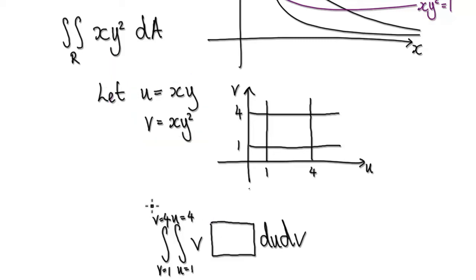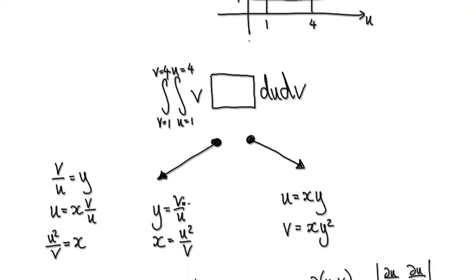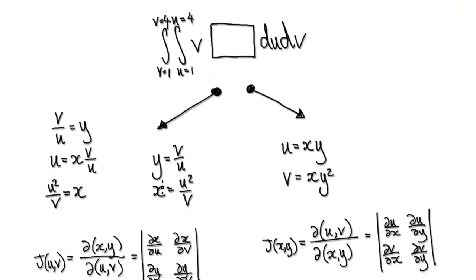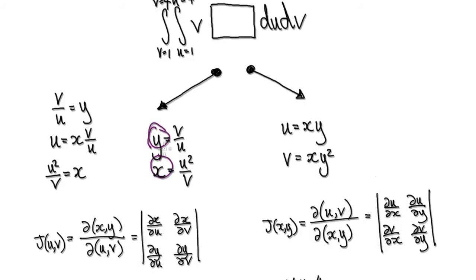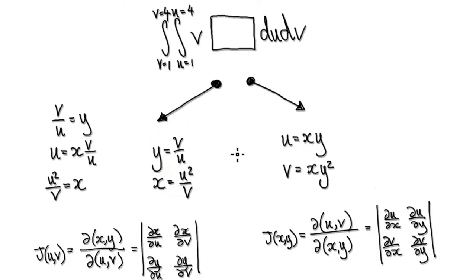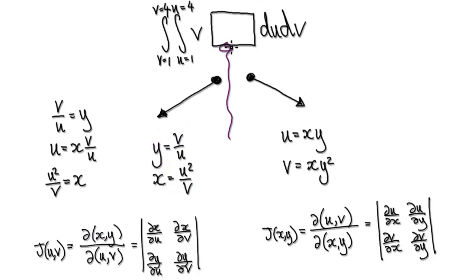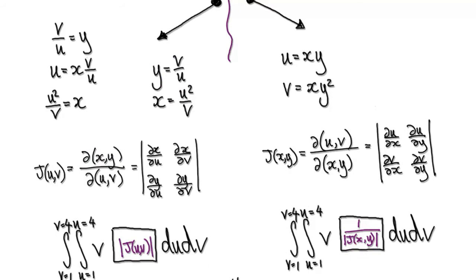So when you get to this stage here, you now have two choices. You either work all in terms of x and y, or you can work all in terms of u and v. If you work all in terms of x and y, then when you compute your Jacobian, what you put into here would be the absolute value of your Jacobian.